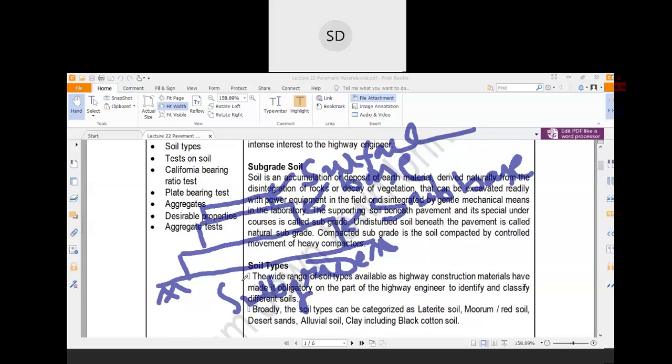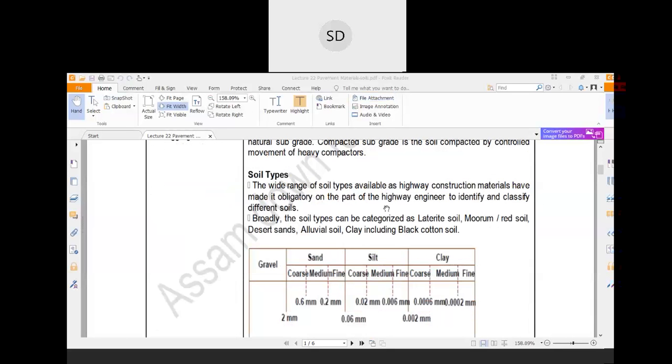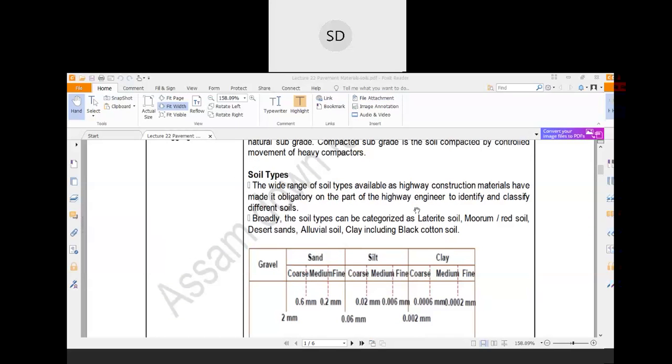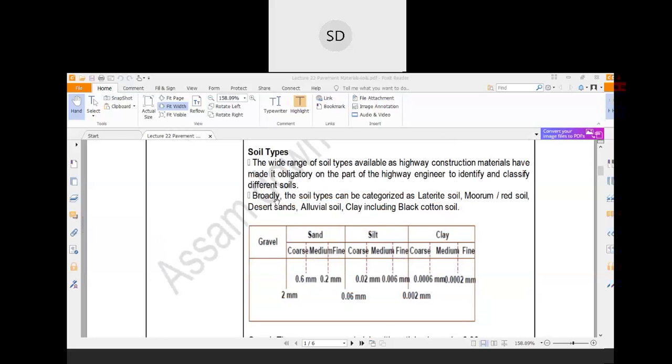Now, as all the loads are carried by the subgrade layer, it is very important that we take care to prepare or enhance the properties of the subgrade layer. There are different types of soil like gravel, sand, silt, clay. I am not going into the details of all these things because you already know them from soil engineering or your soil mechanics book.